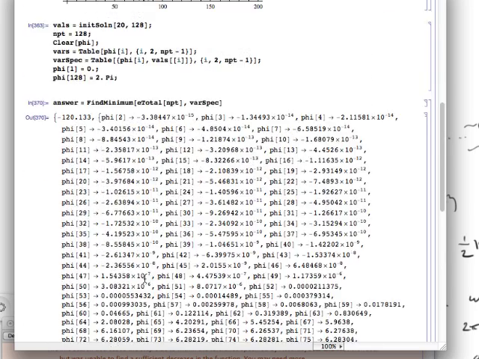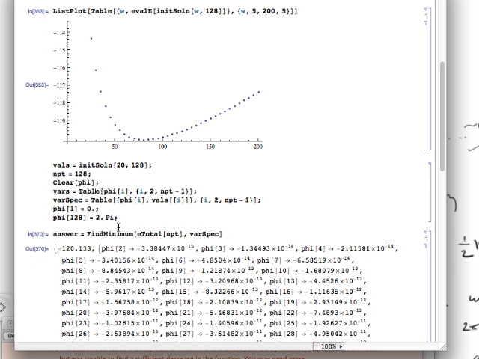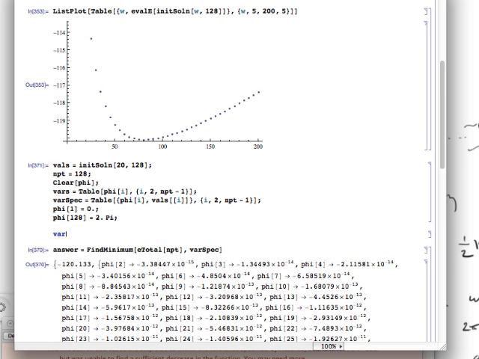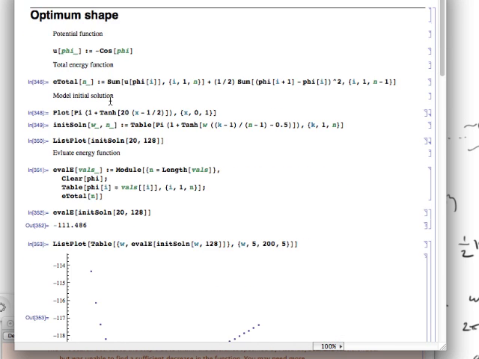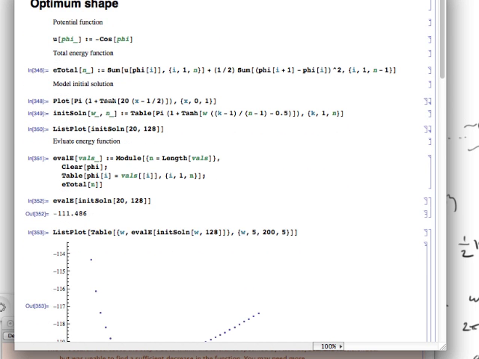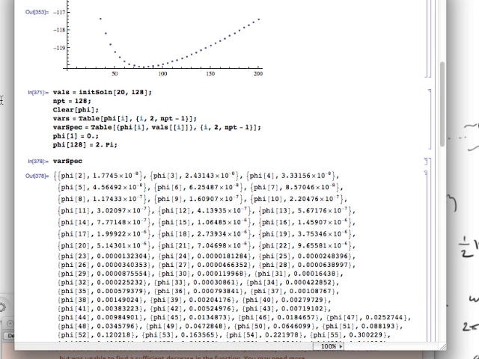Okay, so then I get a big long list of substitution rules. So what the heck was going on here? Let's look at what varspec is at the end of this. Okay, so I made my values vals from the initial solution, and it's a big long list of these points which I was plotting up here someplace, like that. And then I say there's 128 points.